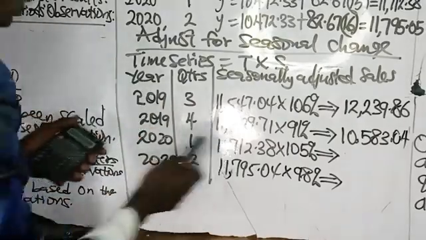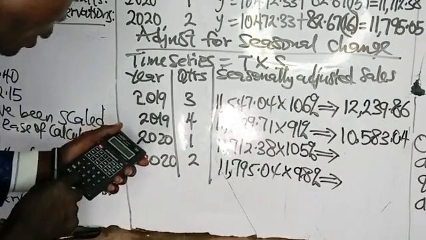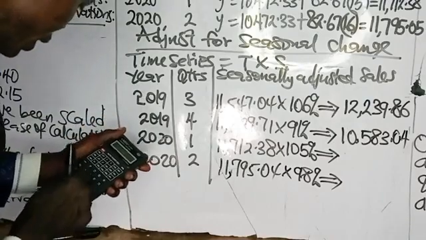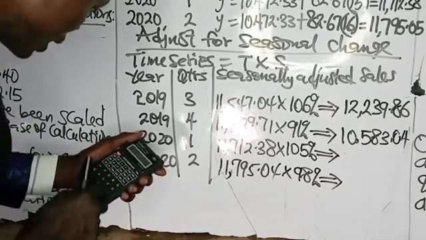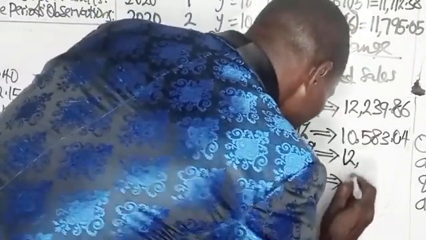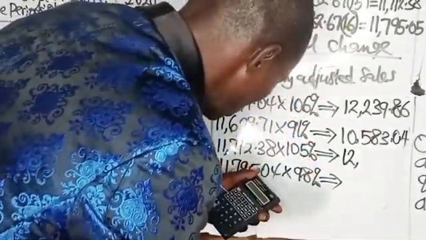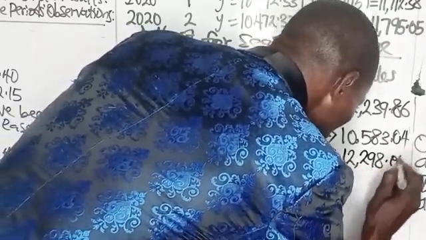Then 11,712.38 times 105%. We have 12,298.00.